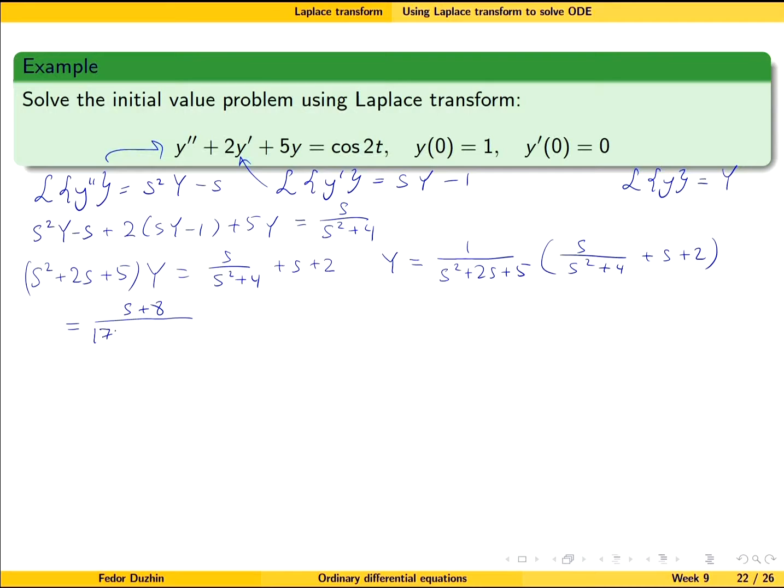So (s plus 8) over 17 times (s squared plus 4), plus 8 over 17 times (2s plus 3) over (s squared plus 2s plus 5). Okay, so these are the partial fractions. Now, the next step is to apply the inverse Laplace transform to this.